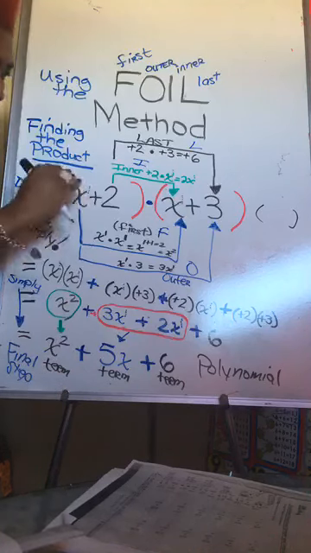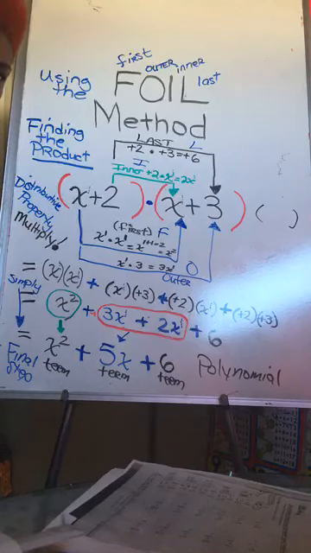All of this is polynomials, so don't let it confuse you. If you need to review that, please go Google and type in polynomials, and then go to monomials, binomials, trinomials, and take one concept at a time so you won't get confused. All right?